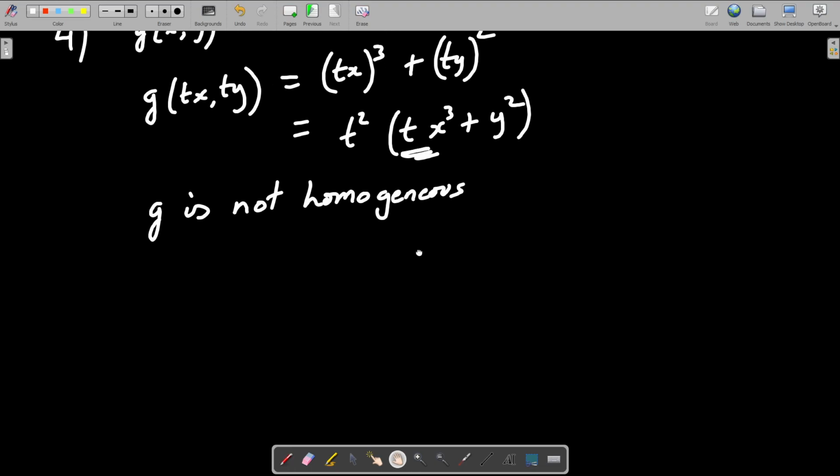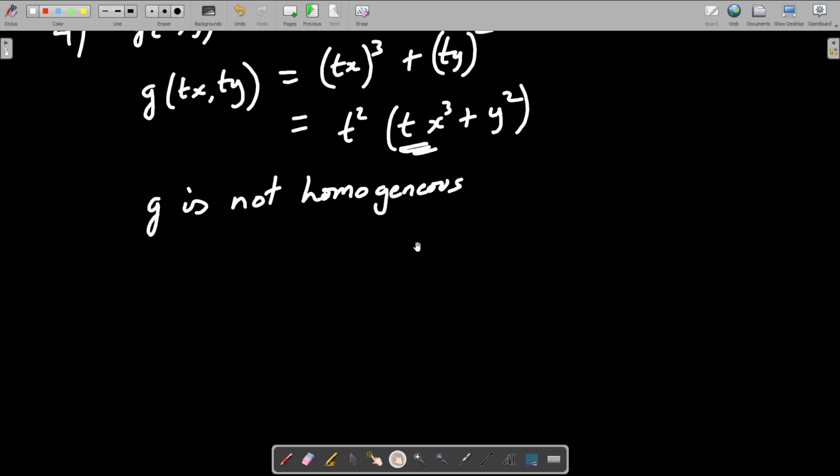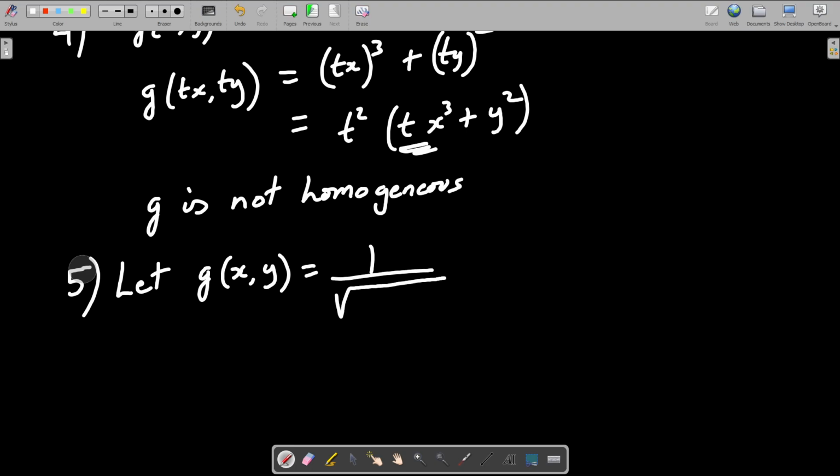Last one. Let g of x y be equal to 1 upon root over x square plus y square.